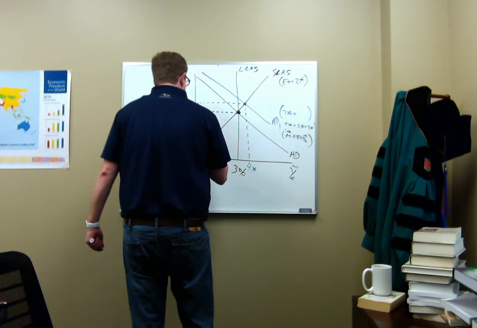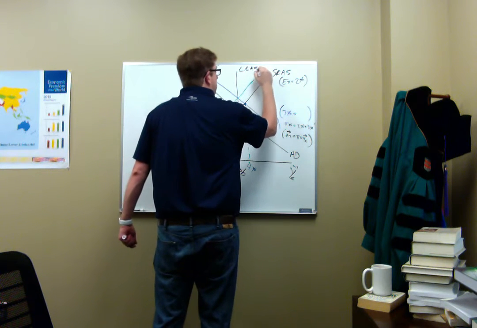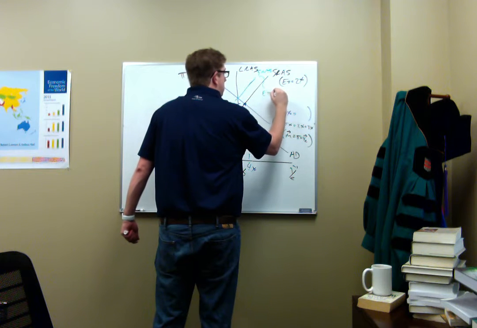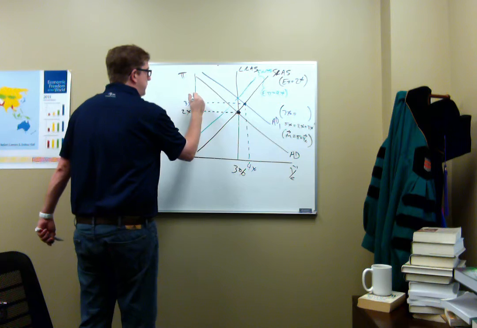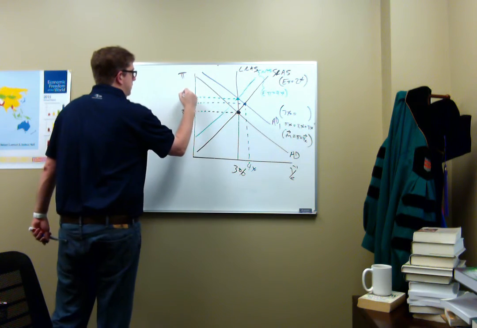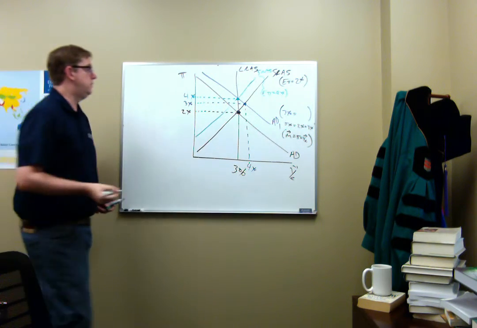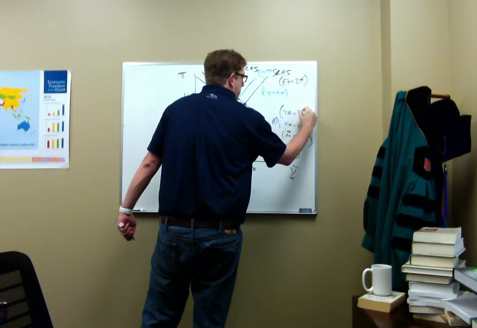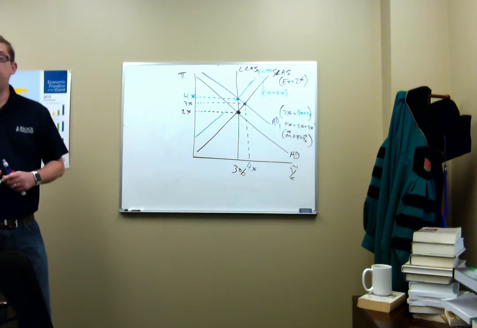People will adjust their expectations about inflation. And the economy is going to return to its long-run growth rate, albeit here with a higher rate of inflation, and the same long-run GDP growth.